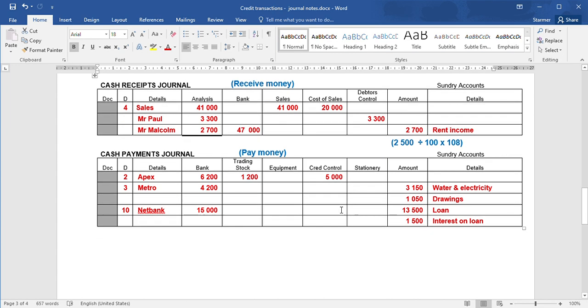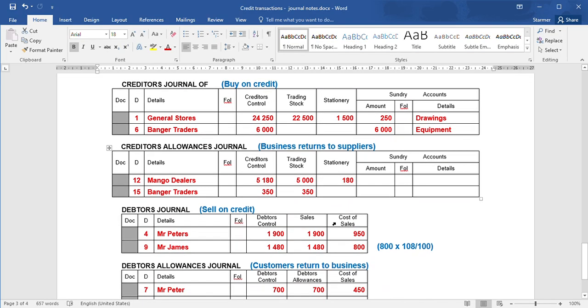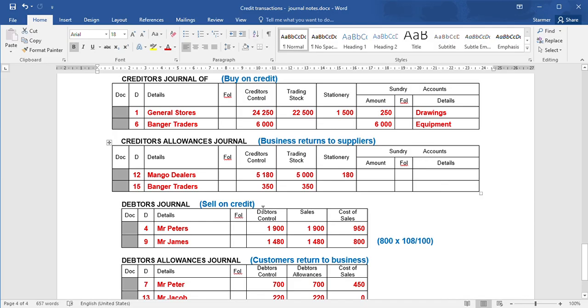Then we have the Creditors Journal, which means we've bought on credit. We have the Creditors Allowances Journal if the business returns to suppliers. We have the Debtors Journal if you sell on credit, and you have the Debtors Allowances Journal if customers return stock to the business.